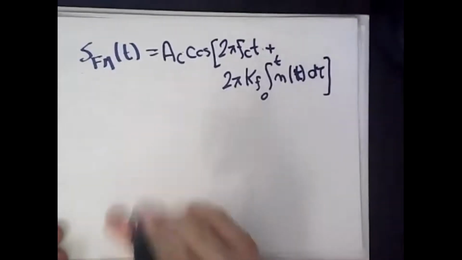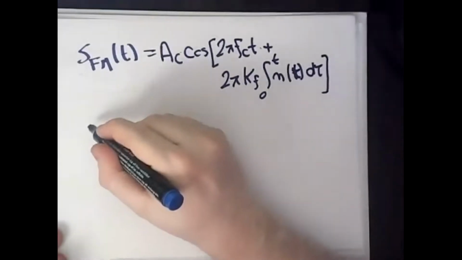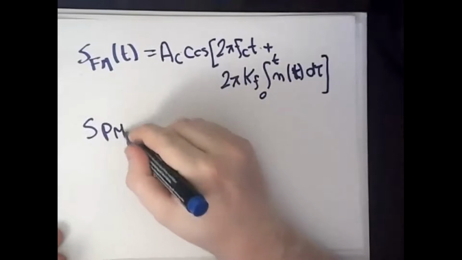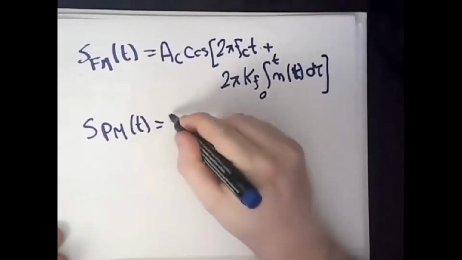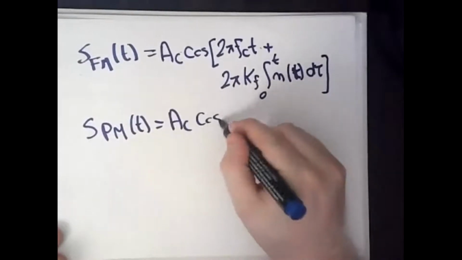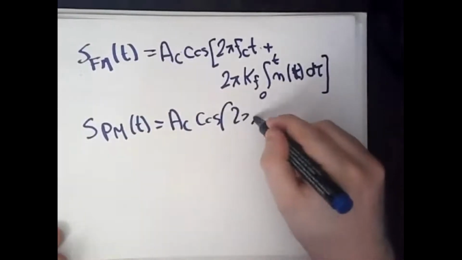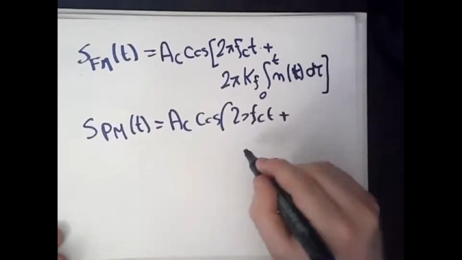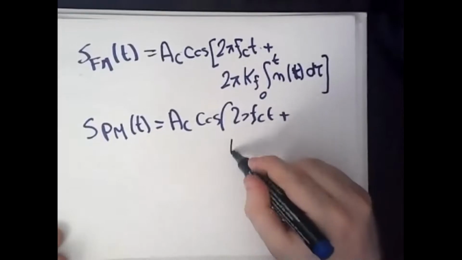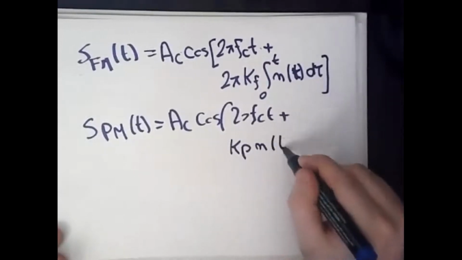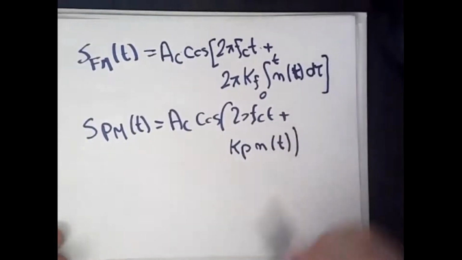Okay, so this is the general equation for the FM. What about the PM? Ac cosine 2 pi fc t plus kp m(t).